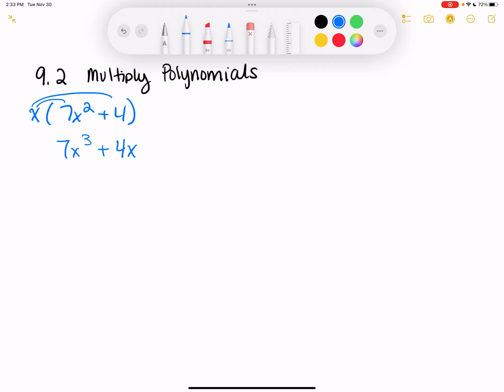It could have more to it and be something like 2x cubed times x cubed plus 3x squared minus 2x plus 5. Which essentially you're still distributing, but it's just going to all four pieces.